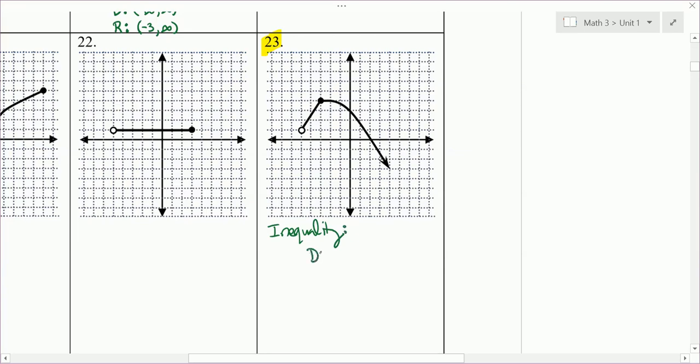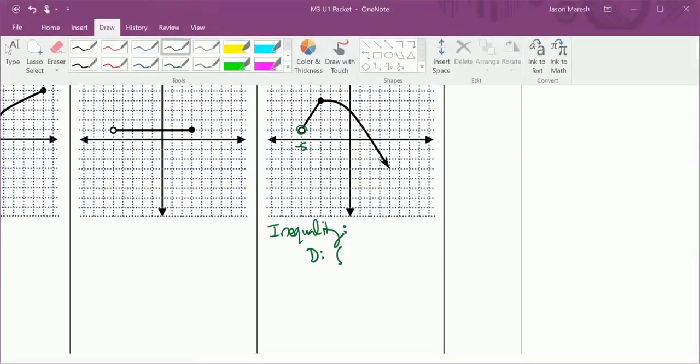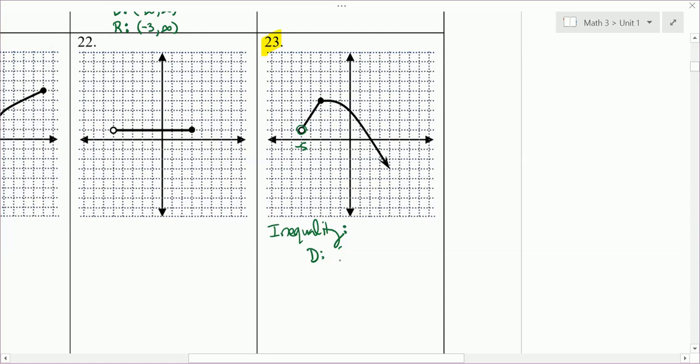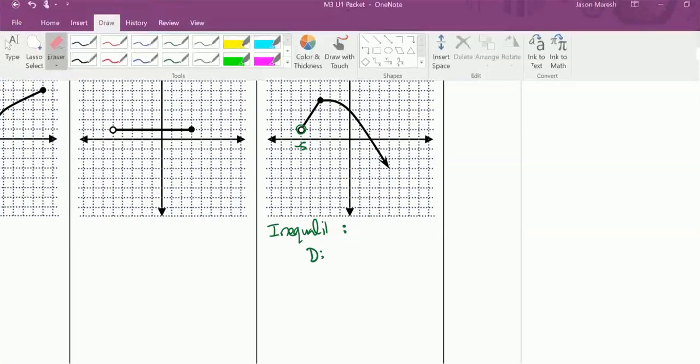For the domain, it goes as far left as -5. It doesn't equal, you've got that open circle there. If it was colored in, it would equal, but because it's open, it doesn't equal. So I'm going to use parentheses. Sorry, I'm doing interval notation right now, not inequality. Let's do inequality first.